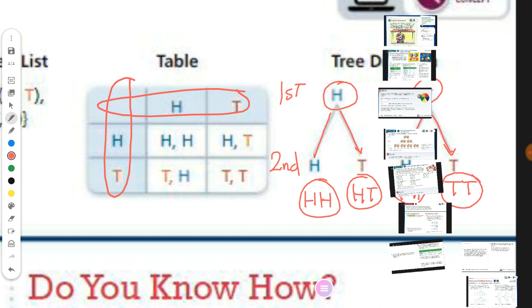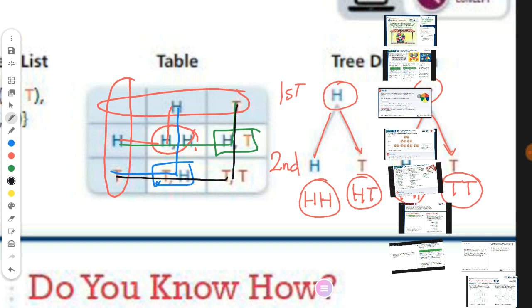The second trial is head or tail too. Let's connect them together. First time head with head, so HH. Then head with tail, so HT. Then tail with head, so it's TH. Then tail with tail, which is TT.